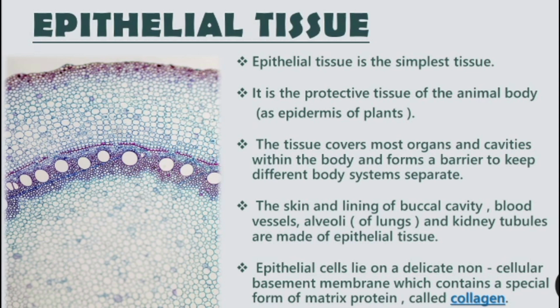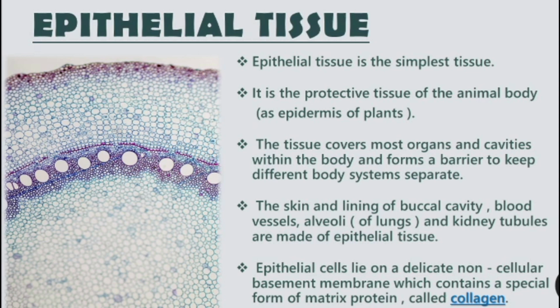That is a special character of the epithelial tissue. It is a protective tissue of the animal body, a covering layer of the animal body. Its protective function is like the epidermis of plants. The epidermis of plants is the outer and protective layer, the same as epithelial tissue in the animal body.